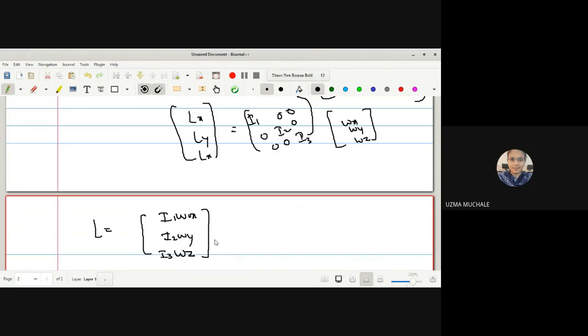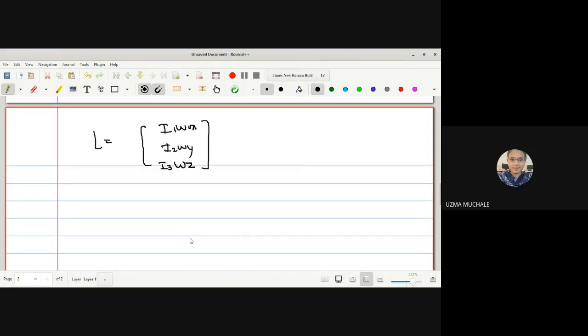Right. Now let us write this in the form of Lx, Ly, Lz by taking i, j, k. Lx i plus Ly j plus Lz k is equal to I1 Wx i plus I2 Wy j plus I3 Wz k.